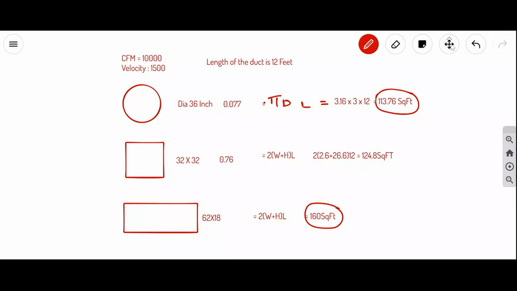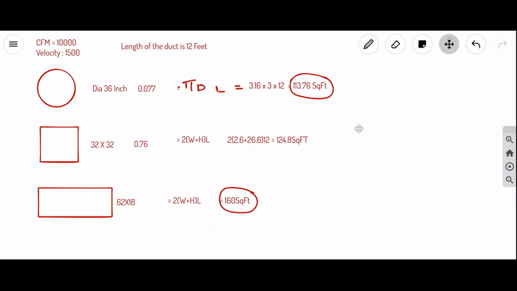First thing. Next, one more thing you need to notice. Now I need to manufacture these ducts. I need more material, here or here?